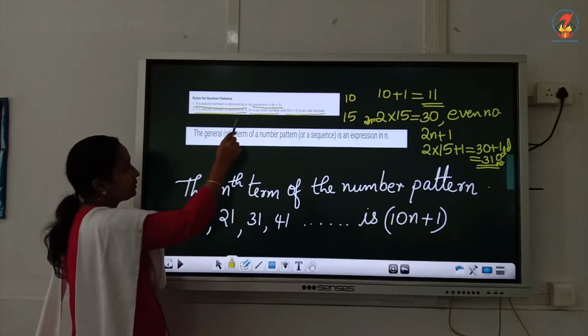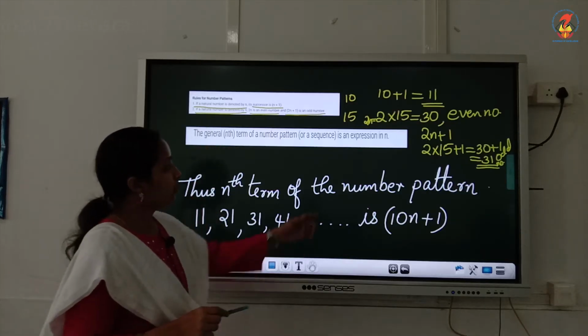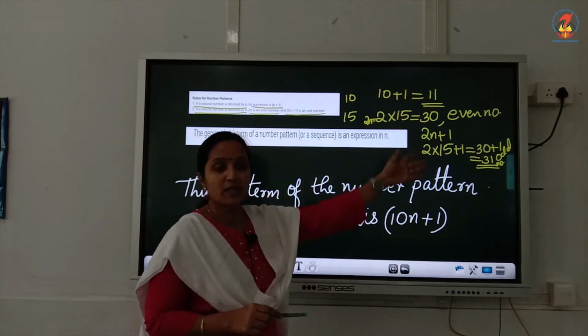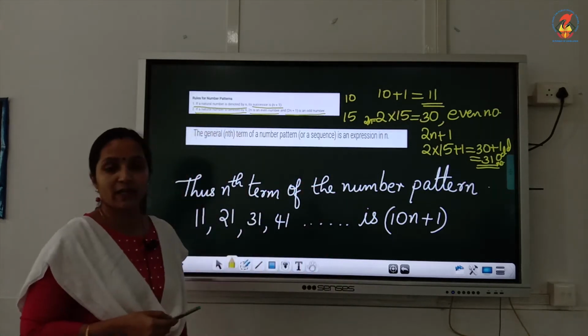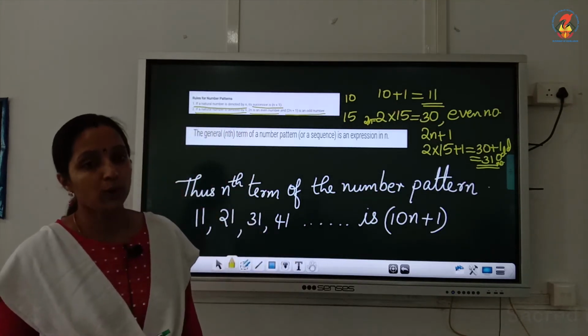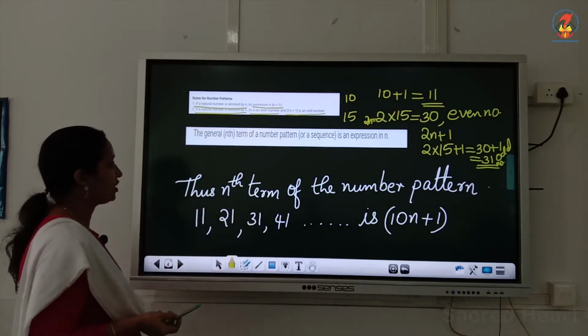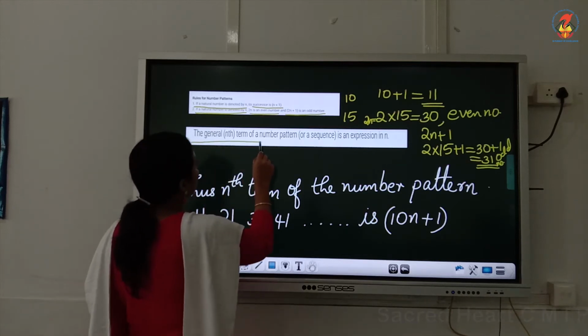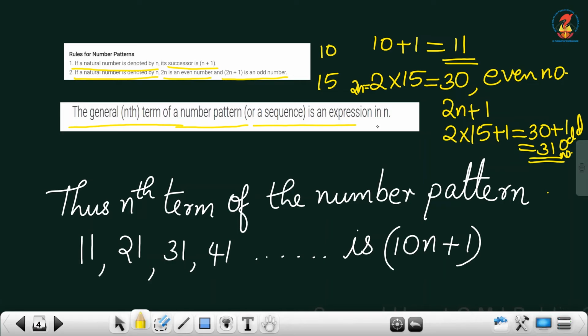If a natural number is denoted by n, then 2n, 2 into 15, what is the answer you got? 30, that's an even number. What about 2n plus 1? We got the answer 31, that's an odd number. Okay, so how can you generalize, children? The general nth term of a number pattern or a sequence is an expression in n.